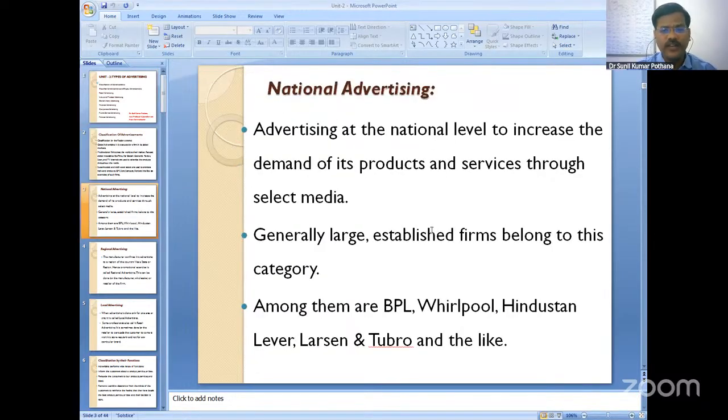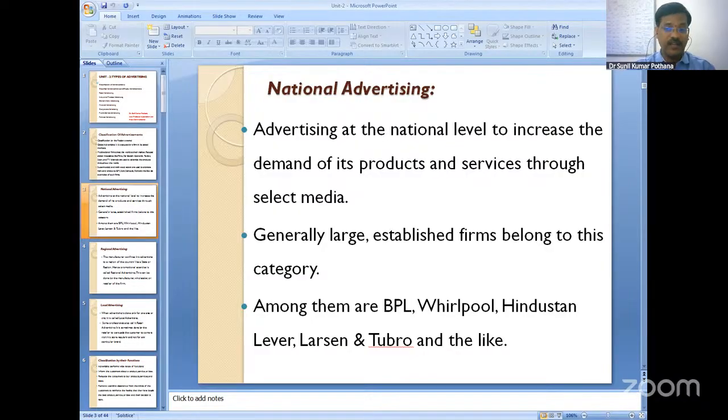Coming to national advertising, it is advertising at the national level to increase the demand for its product and service through select media. Generally, large established firms belong to this category.